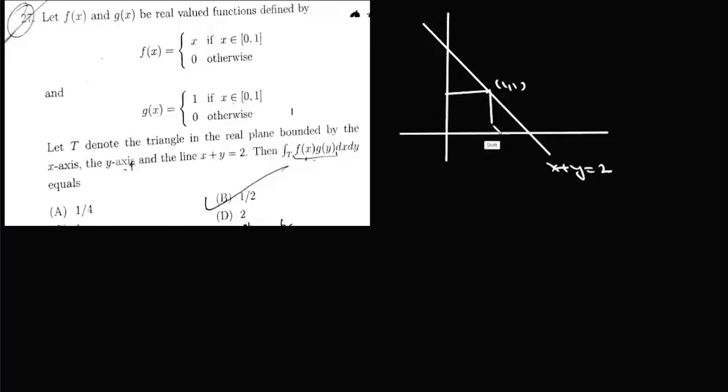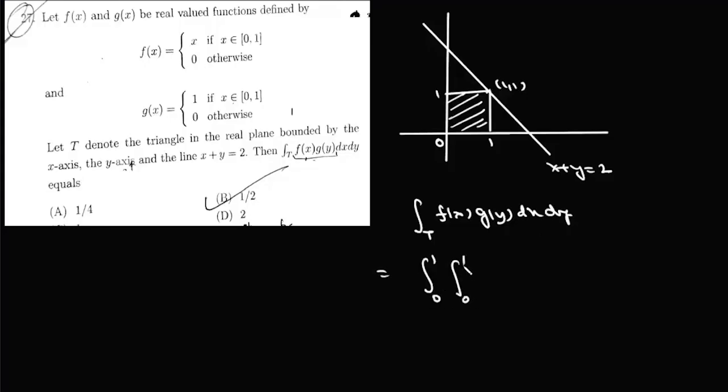Now this square, where the value of x lies between 0 and 1 and the value of y lies between 0 and 1, will lie inside this triangle. We have to find this integral of f(x) g(y) dx dy, and we can write this as the integral from 0 to 1 and then the integral from 0 to 1.